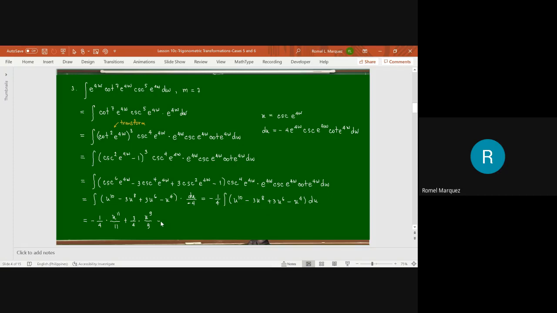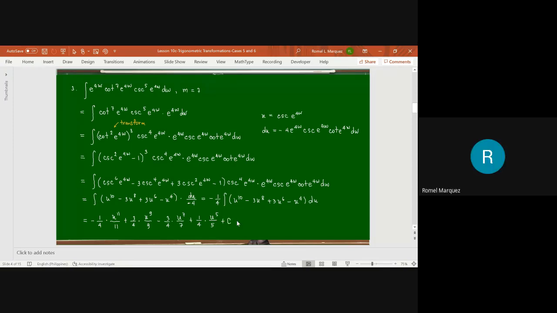Then, minus now, where I'm minus, negative 1/4 times 3, minus 3/4, u to the 7 over 7. And then negative, negative, positive 1/4 times u to the 5th over 5, plus c.